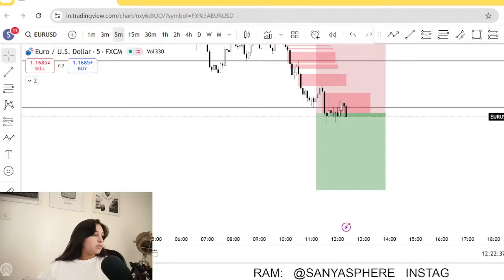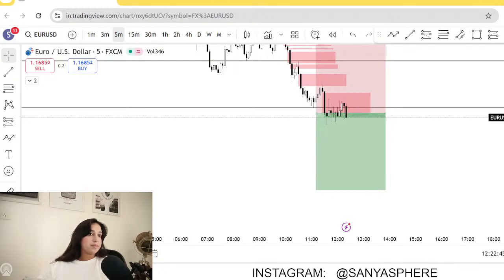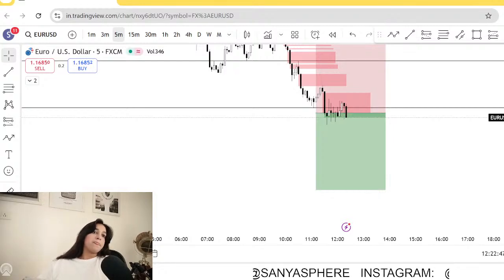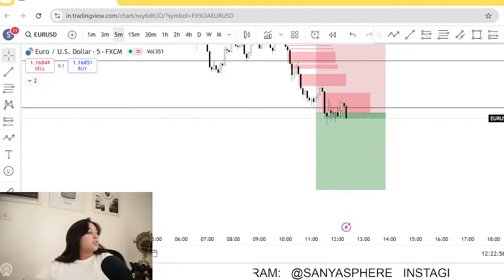For different models, I use different time frames. Okay. I posted a trade in Discord, which I'm using 1 minute.